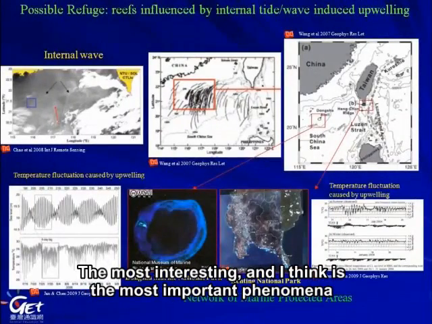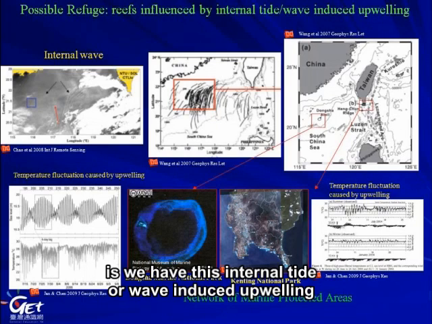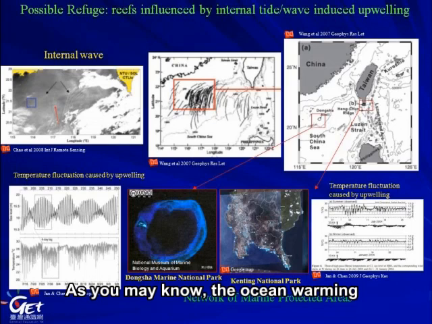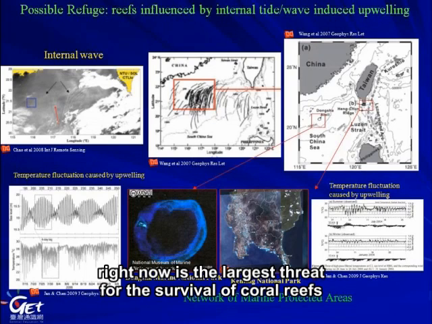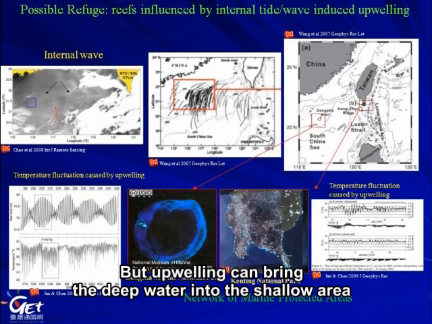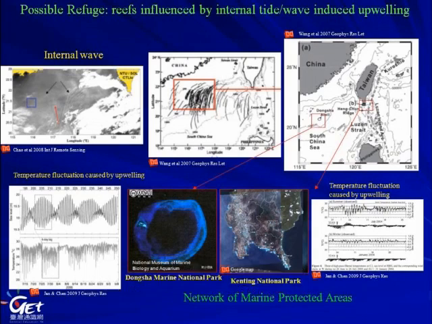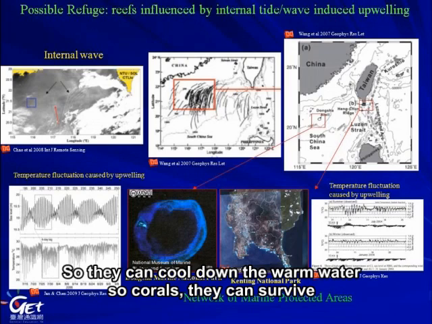The most interesting and I think is the most important phenomena is we have this internal tide or wave-induced upwelling. As you may know, the ocean warming right now is the largest threat for the survival of coral reefs. But upwelling, they can bring the deep water into the shallow area, so they can cool down the warm water, so corals they can survive.